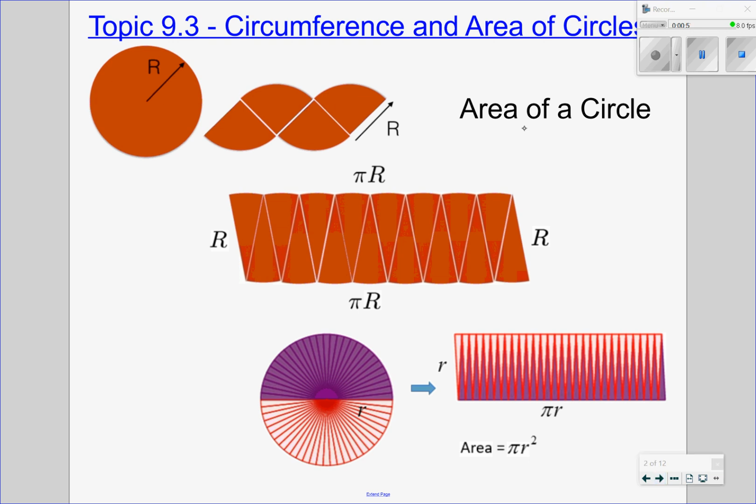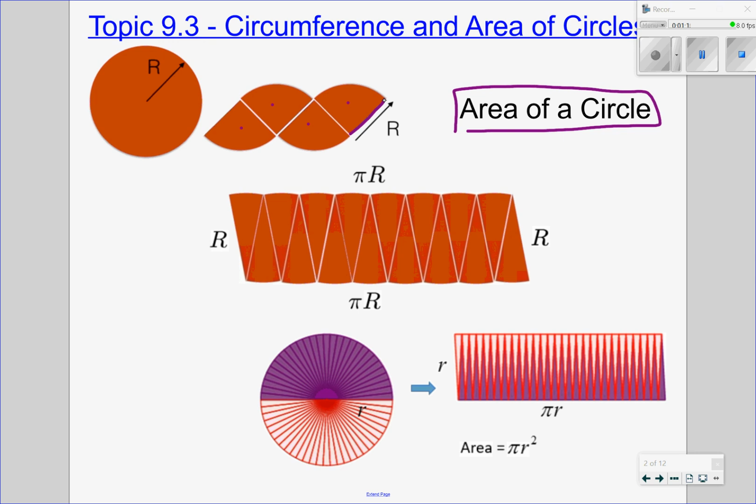Just a little food for thought here, this is kind of where the area of a circle formula came from. If you take a circle, you can break it up into fourths, and this edge here would be known as the radius, because that would be the length from the center of the circle to the outside edge.